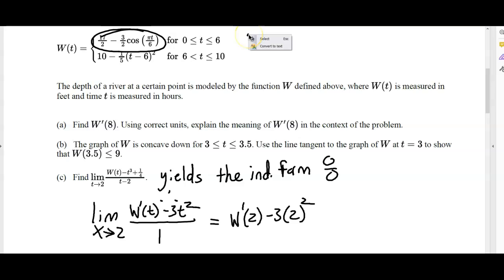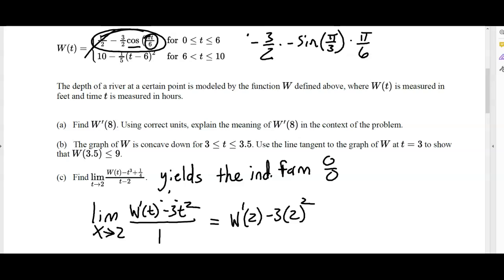So the derivative of the top, that goes away. You're left with a negative 3 over 2. The derivative of cosine is negative sine. And we're plugging in a 2, which would make that become pi over 3. Oh, the derivative of the inside is pi over 6. I should have put that there too. So there's our derivative after we've plugged in 2, and we'll go ahead and simplify it.